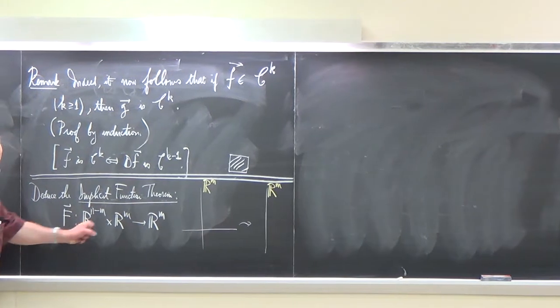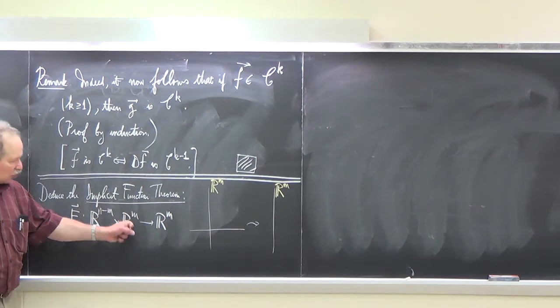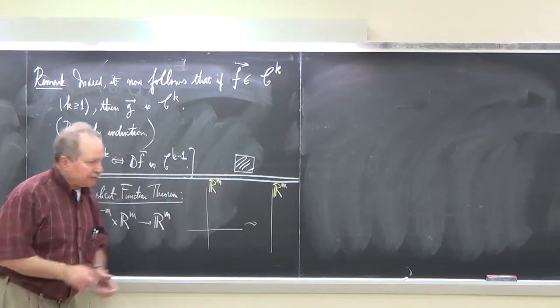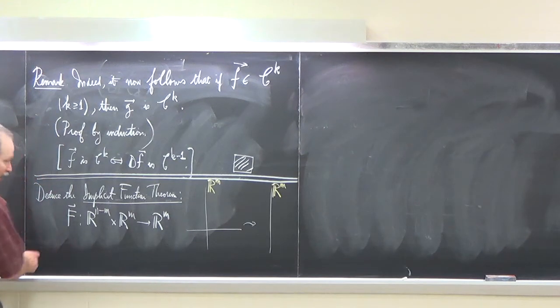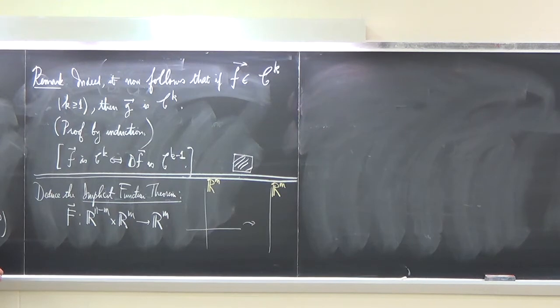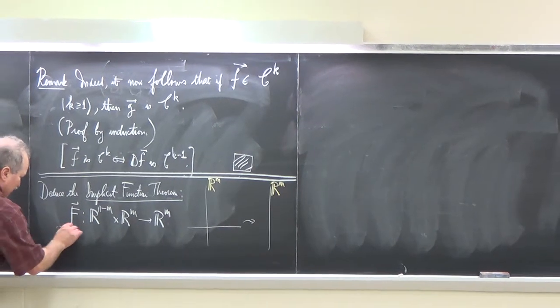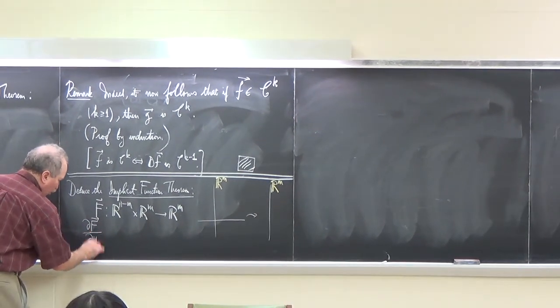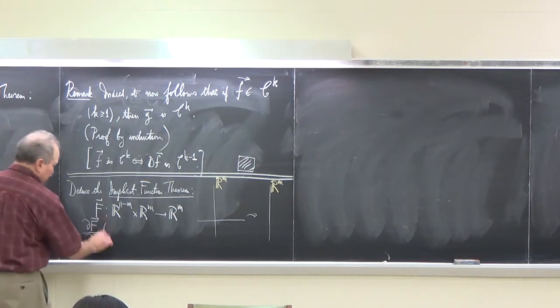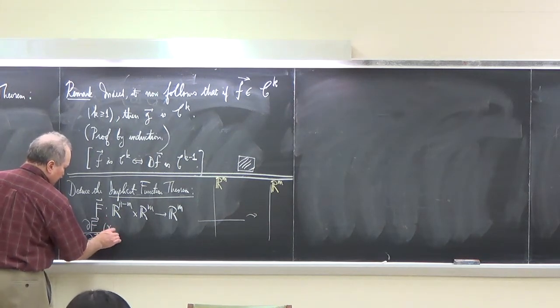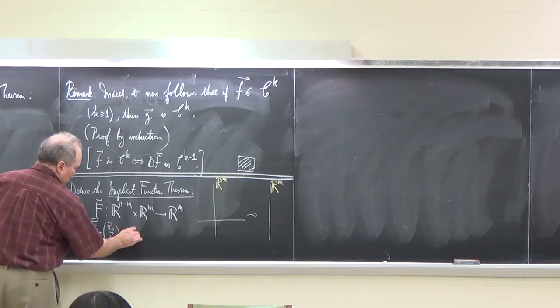Remember, this was our x and this was our y. So the y matched in dimension of m. And we looked at where F was 0. And there was the hypothesis that I almost forgot, that the partial of F with respect to the y variables, that square matrix at your point, was what? Non-singular.